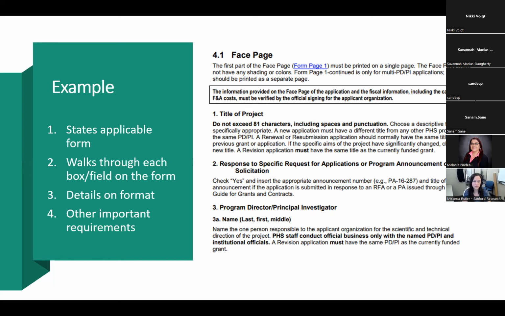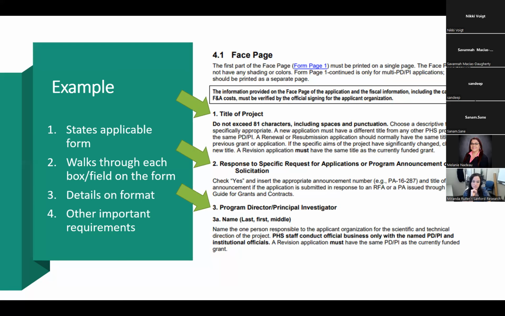And if Cassie could just click once for me. So one of the first things is it states which form is used for this section. So this face page, it is form page 1, and it has a hyperlink to bring up that form for you. And next, click. And then it also walks through each box or field of those forms.